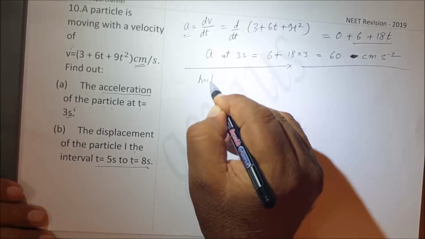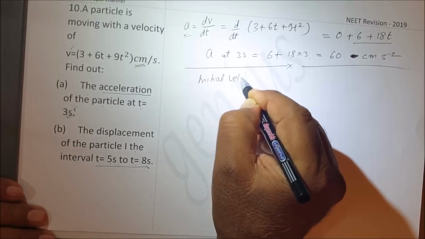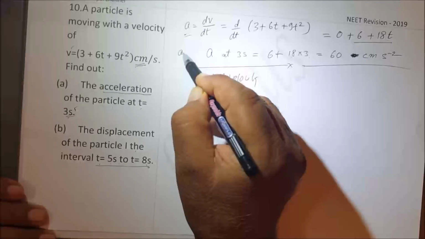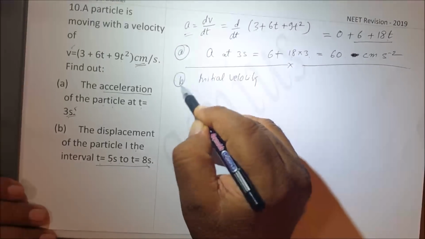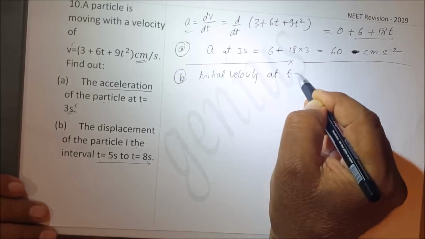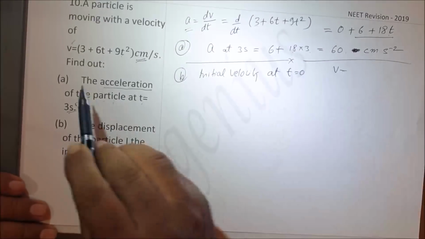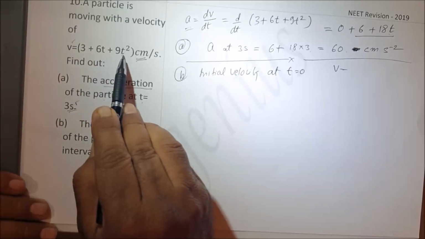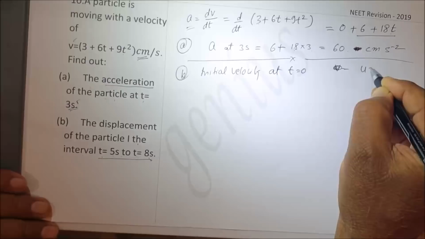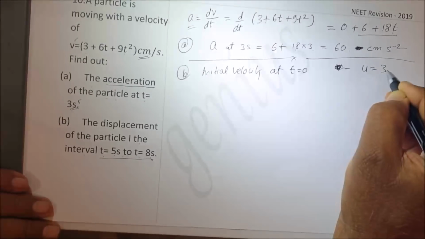This is what we have done, question A. Now we are doing B. Initial velocity at t equal to 0: what was velocity here? At t equal to 0, velocity is 3. Let's call it u equal to 3.